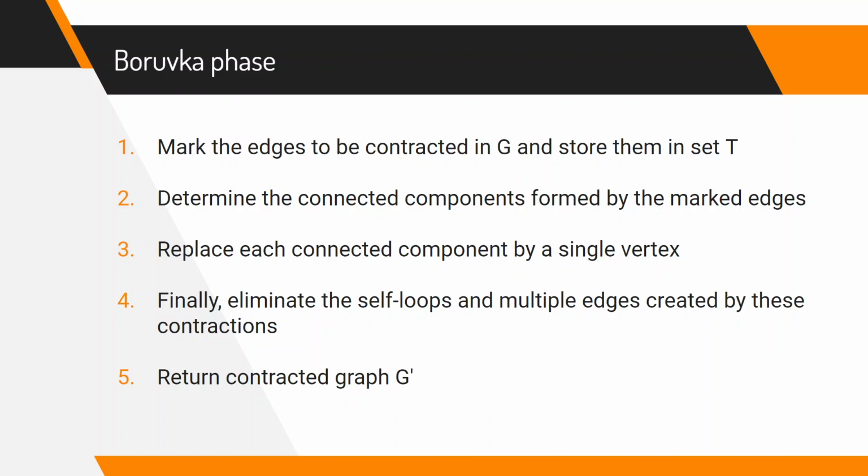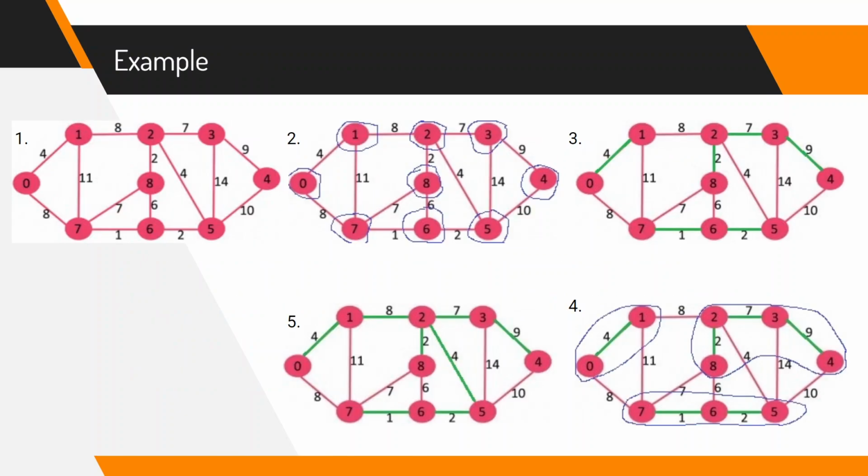This will be more clear with an example. So let's consider this example. Initially, MST is empty. Every vertex is a single component as highlighted in blue color in the diagram below. For every component, find the cheapest edge that connects it to some other component.